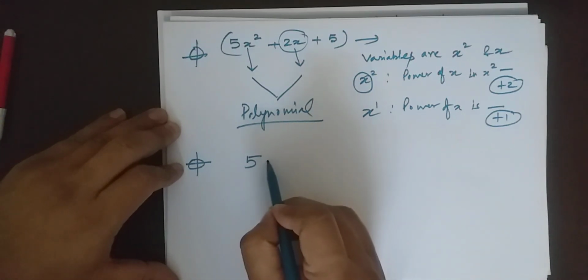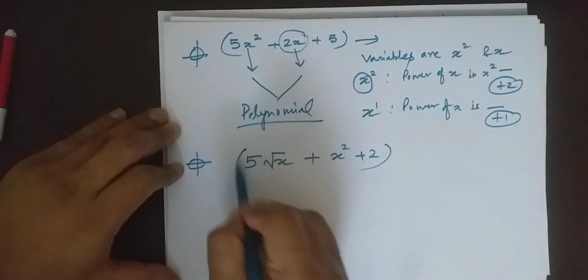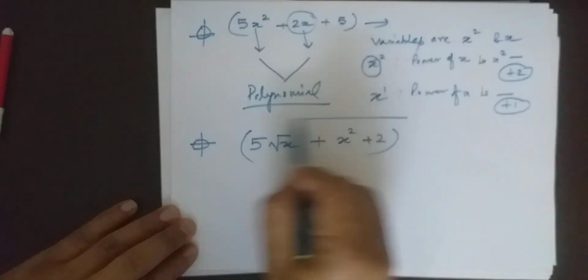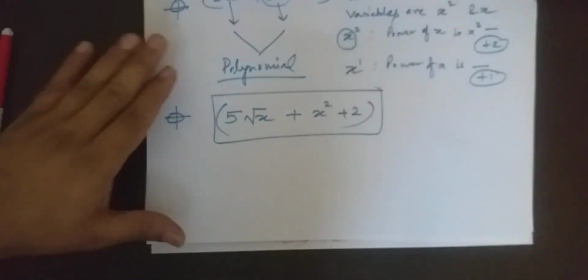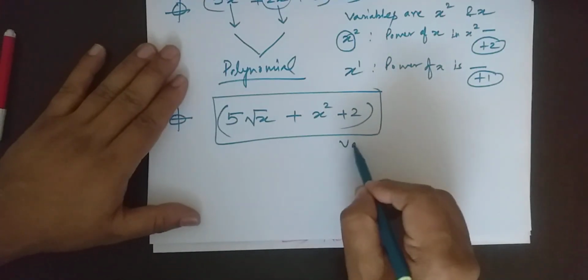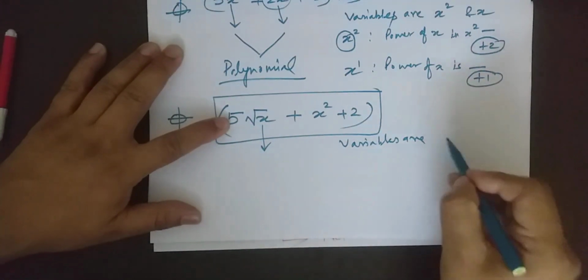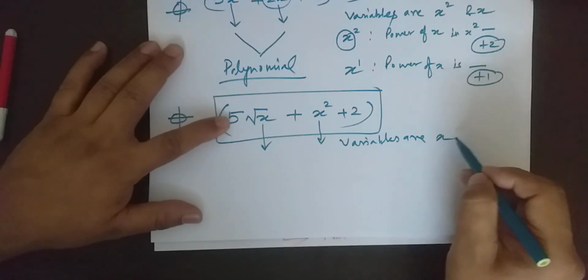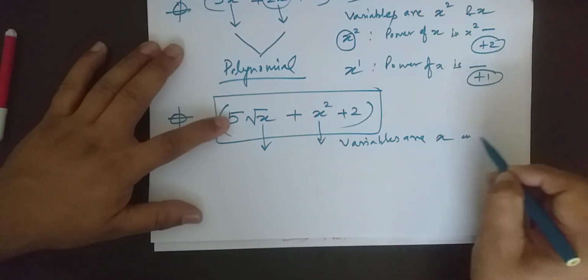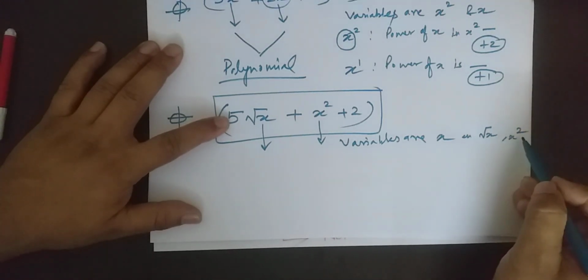Say suppose I write it like this. Now whether this is a polynomial or not, again we will go back to our basics where we will identify the variables, and here the variables are x, and another x raised to power 2.